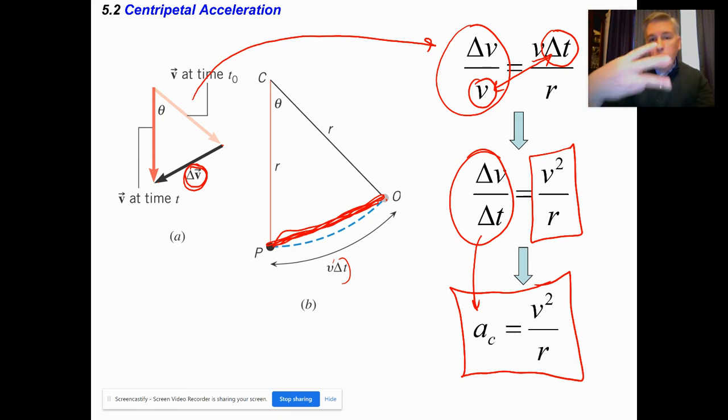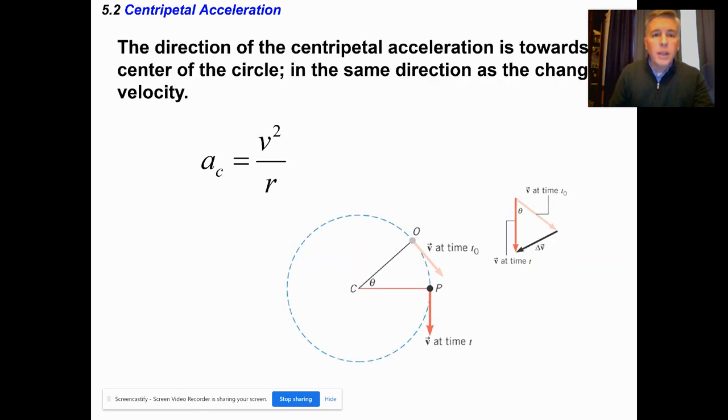Remember, there were three ways to accelerate: speed up, slow down, and now we're dealing with that third way, a change in direction. The direction of the centripetal acceleration, as we call it, is always going to be towards the center of the circle. I tried to draw this little picture right here.